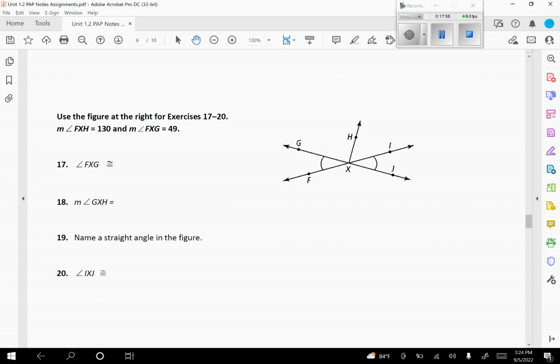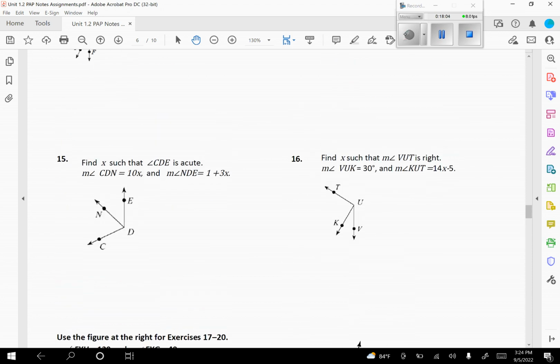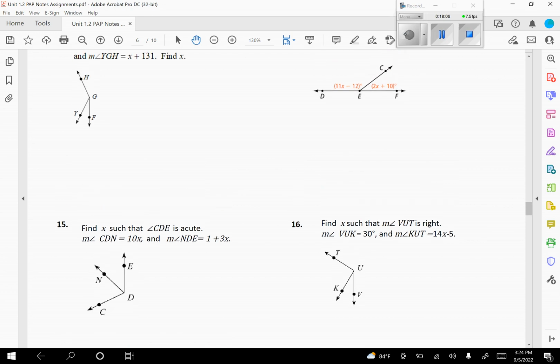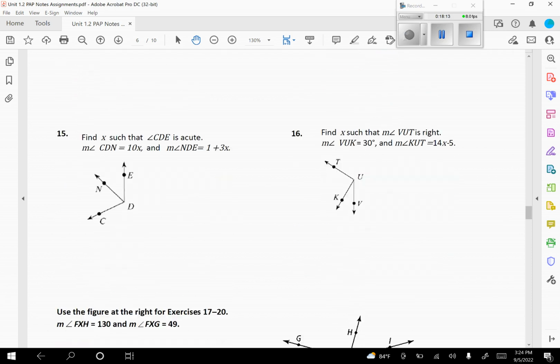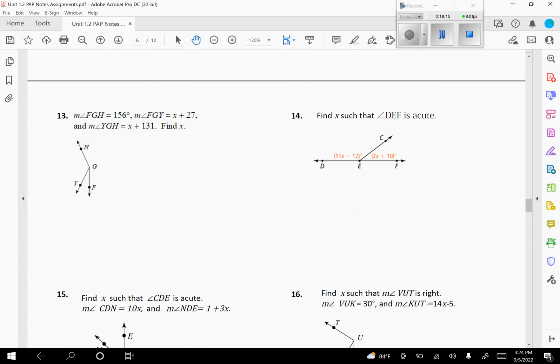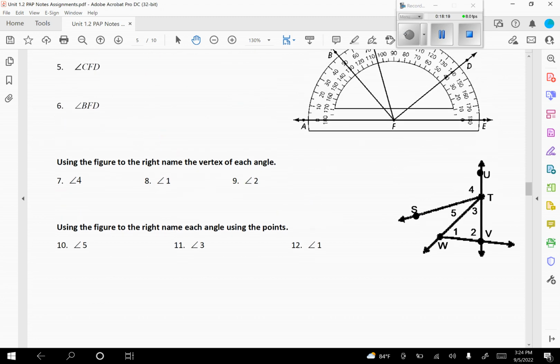They are not bent at any strange angles, so yes, those are straight lines. All the lines in the diagram are straight lines. And then on these ones, just go through and solve for x, and if they ask you to substitute in, actually they don't, so I think it should be pretty good. And if you have any questions on it, just let me know tomorrow and I'll help you out.